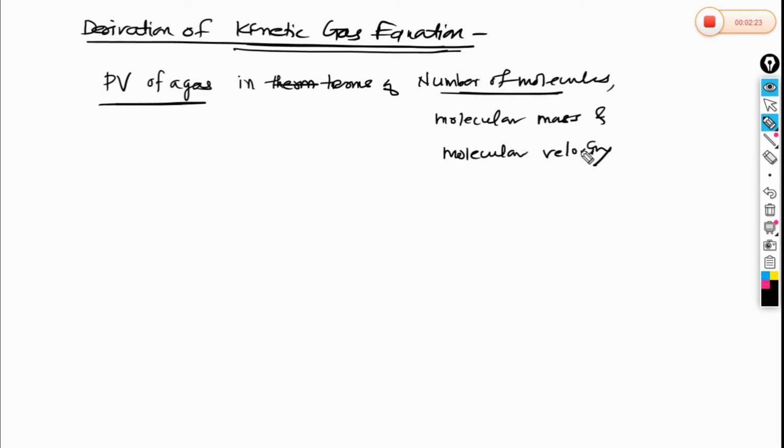So this is the statement of the kinetic gas equation. Okay, so how to derive this? Let's move further.